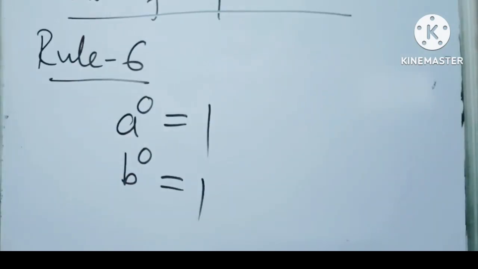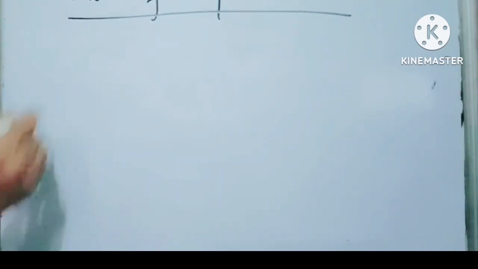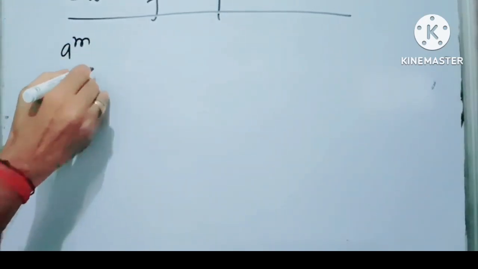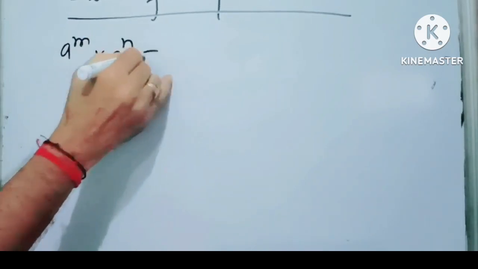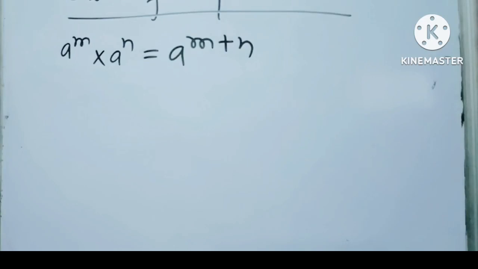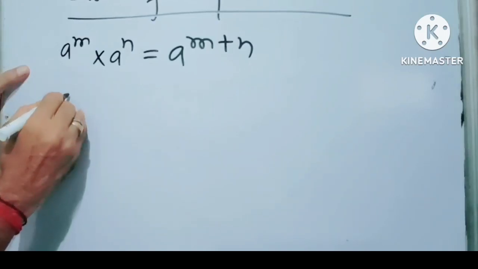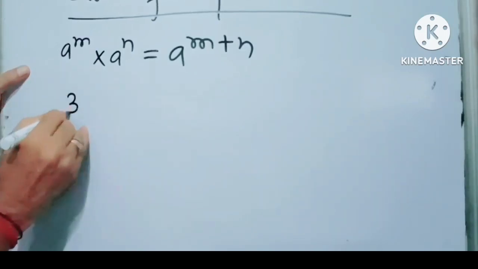Now we will take an example from rule number 1. Rule number 1 is a to the power m multiply a to the power n equal to a to the power m plus n. Suppose we take a number, same base is given, so we can write the same number, like 3 multiply 3.